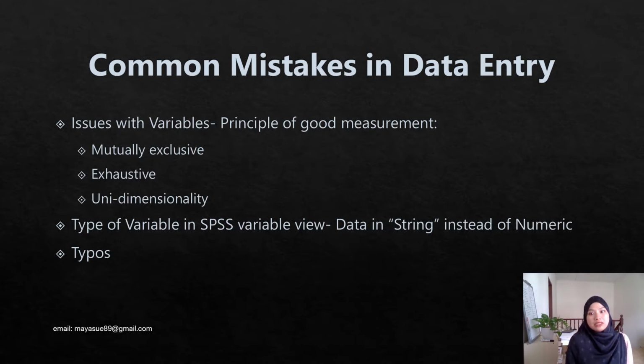So usually candidates mix up and forget to change their string into numeric because they just transfer it from Excel. By default it becomes a string, so actually we need to change it back to numeric. And the most common thing is typos.